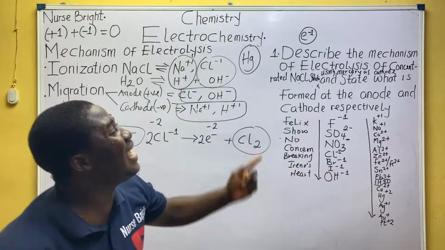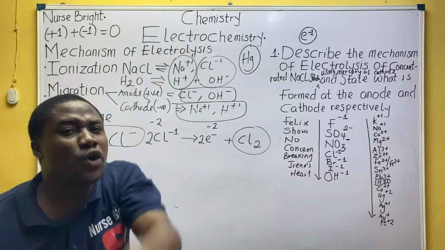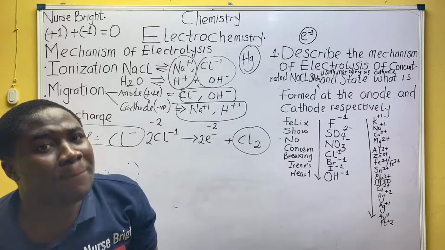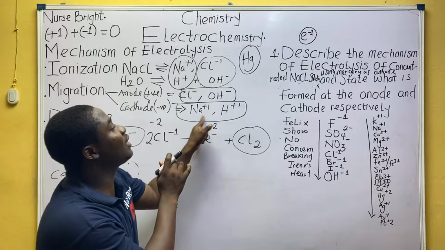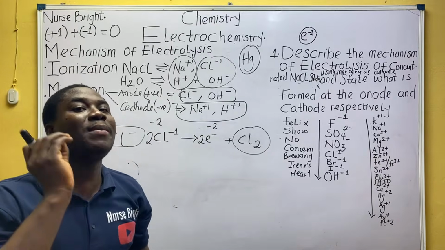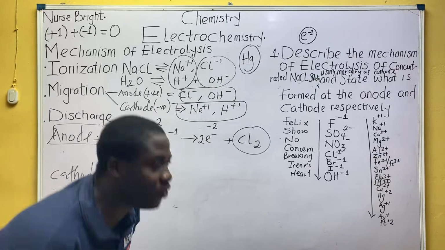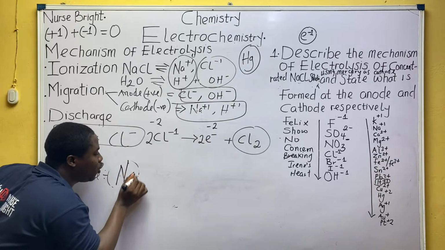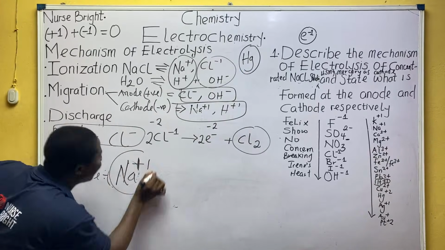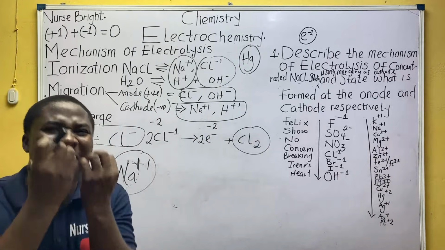But due to the fact that they stated using mercury as cathode, what does that mean? It simply means that the cathode will love mercury. And let me tell you, sodium loves mercury. So this time around, because of that, sodium ion will be preferentially discharged. Why? Because sodium loves mercury.